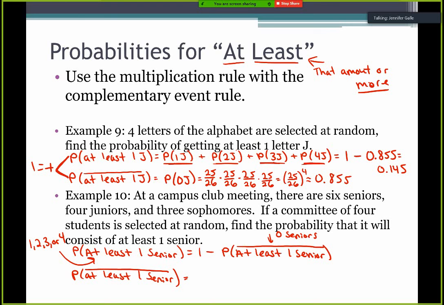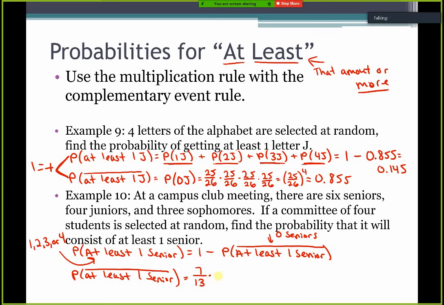So we have a total of, what do we have? 6, 4, 13 people, right? Okay, so we're going to start with 13 people. And how many of them are not seniors? 7. Now, here's where you have to be careful, and some are like, oh, Miss Golly, I kept it out of 13 the whole time.